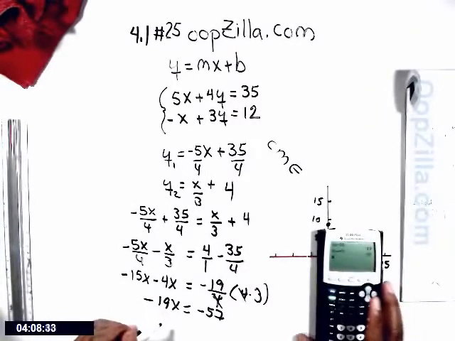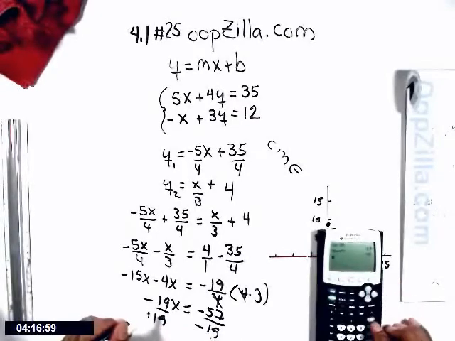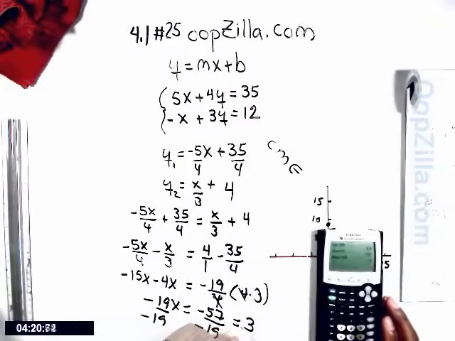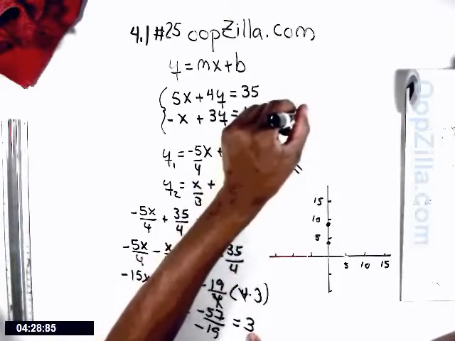Now I want to divide both sides by 19. When I divide by 19, I'm going to get the number 3. So my x value is going to be equal to 3.